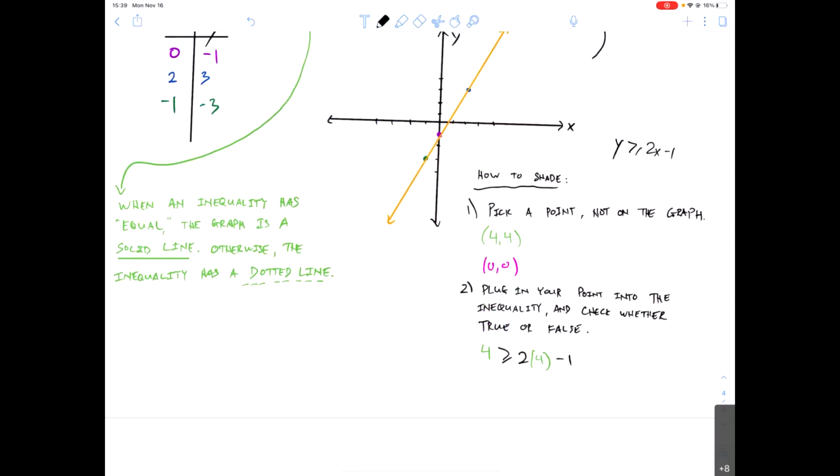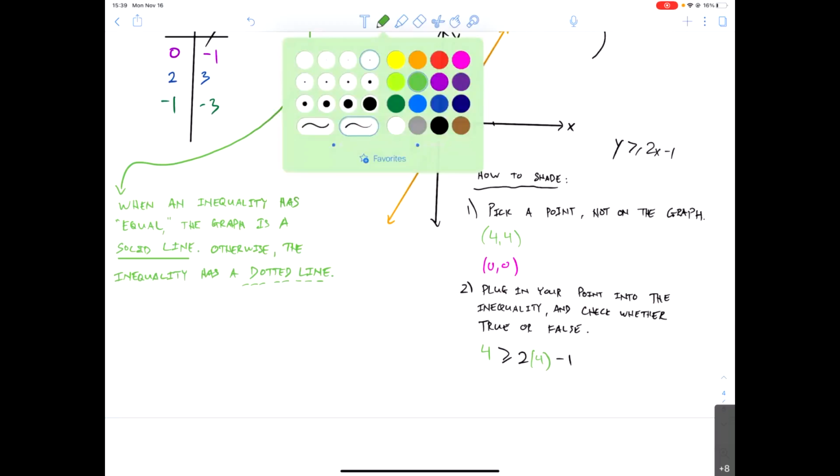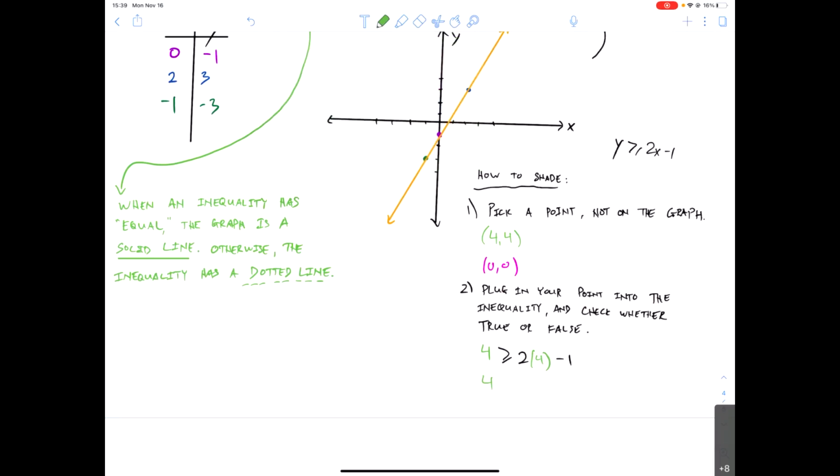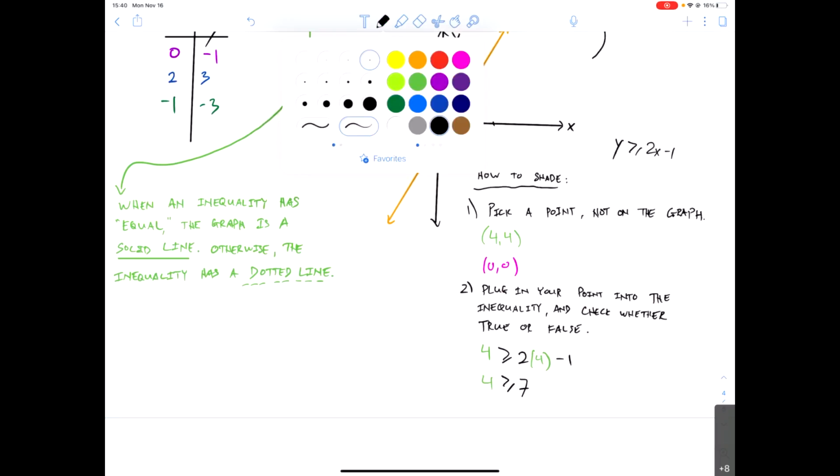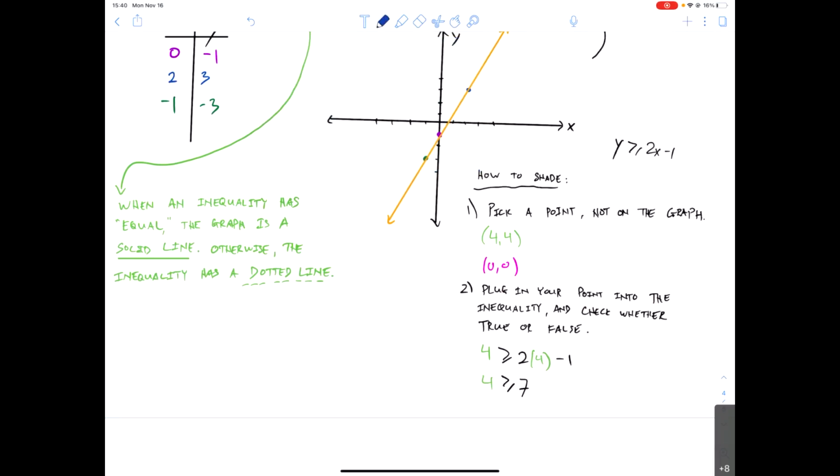So you're left with 4 on the left-hand side. On the right-hand side, we got 2 times 4 is 8, 8 minus 1 is 7. So we ask ourselves, is this true or false? Is it true or false that 4 is greater than or equal to 7? False. You would say it's false, right?